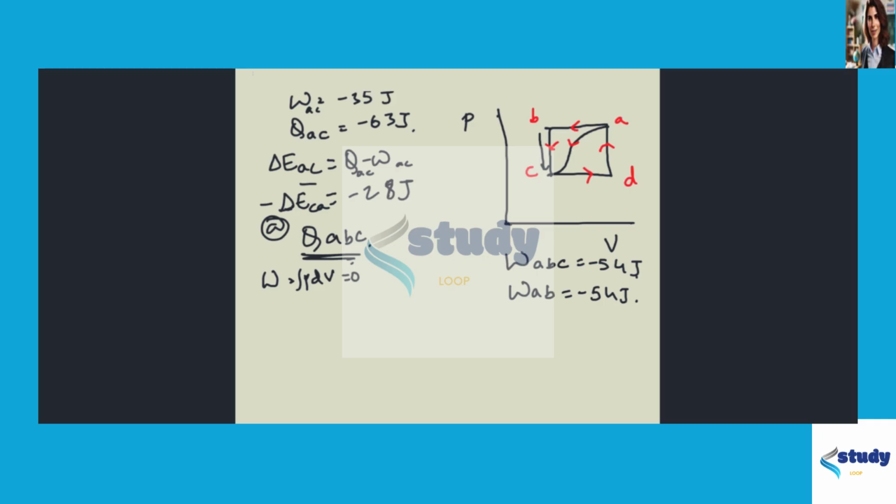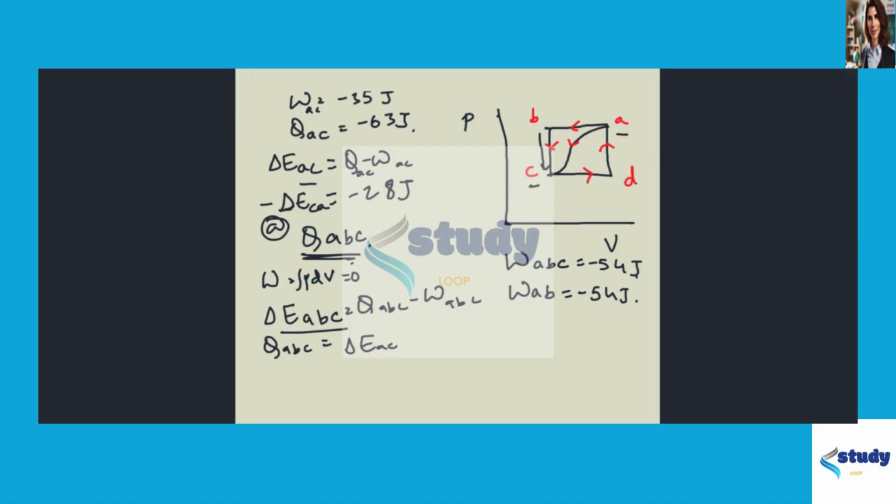So using this, we can see that delta E_ABC is equal to Q_ABC minus W_ABC, and hence Q_ABC is delta E_ABC plus W_ABC. But notice that delta E_ABC would simply be delta E_AC. The change in internal energy only depends on the initial and the final states.